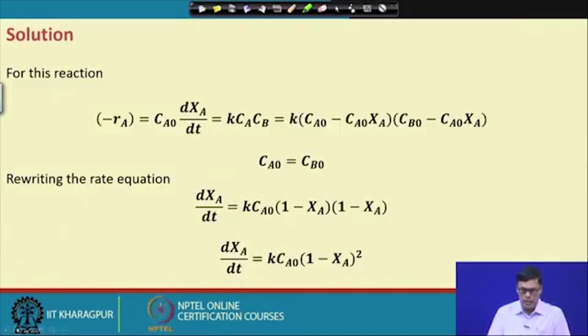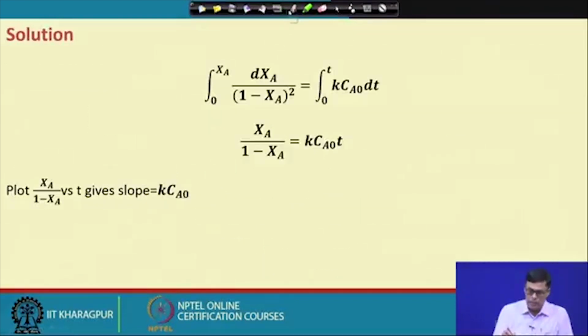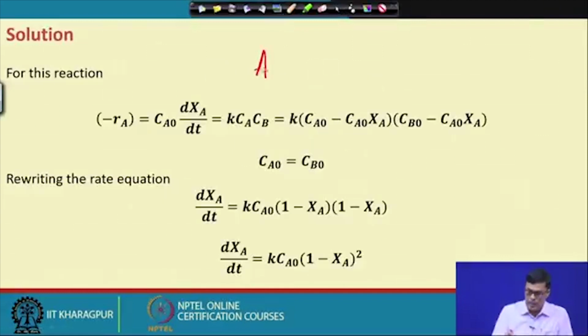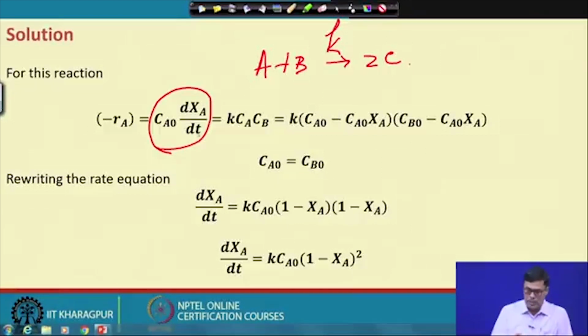Now, this is the correlation that we have, something like A plus B gives 2C. This is the reaction that we have, so it can be presented like this, where K is the rate constant. What we can write is the rate of substrate degradation, A or B, is equal to K into Ca and Cb, and Ca is equal to Ca0 minus Ca0 into Xa.